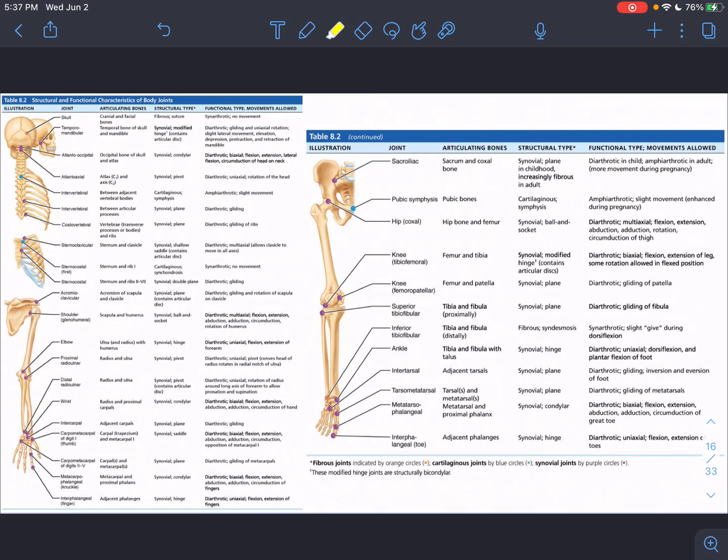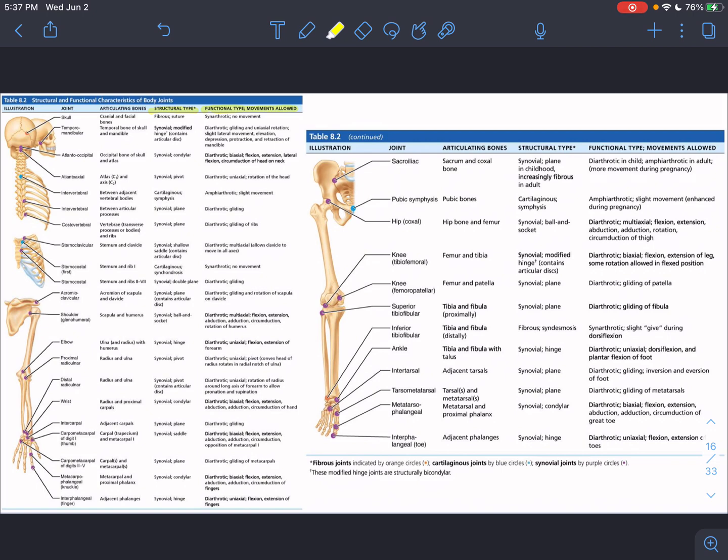Okay, so this is just all of the joints in your body and the different names of the joint, what bones articulate, the structural type and functional type. So if you're ever interested in memorizing all of these, you can look at these and see the different types. I'm not going to ask you specifically.